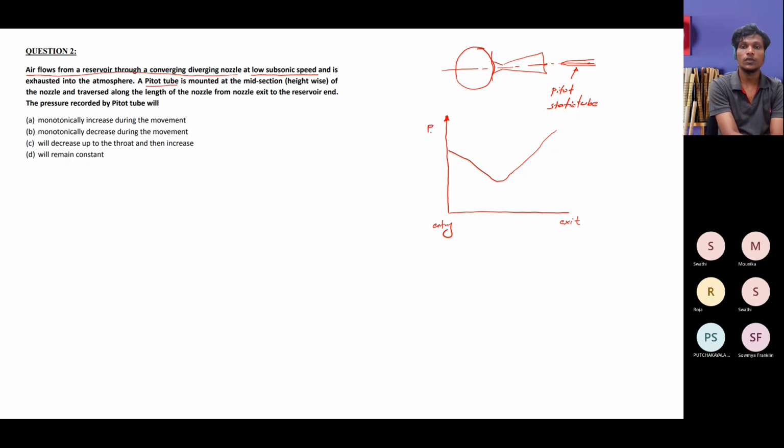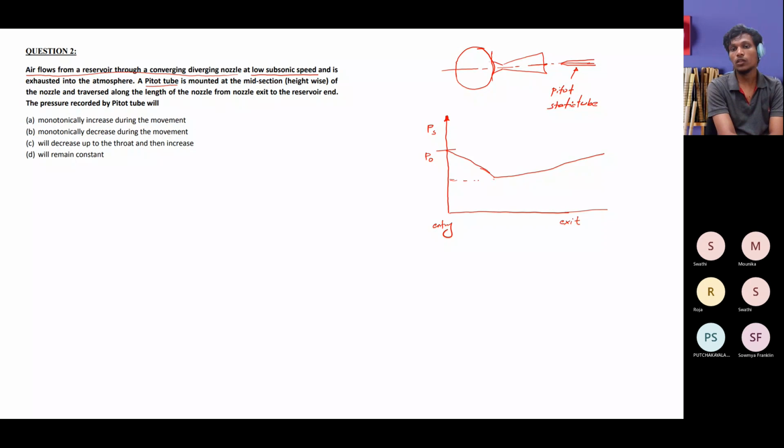This is the static pressure, P static. At the inlet, you have some value, that is the reservoir pressure, P naught. So you have a stagnation pressure here, and that will reduce to a minimum value at the throat section.